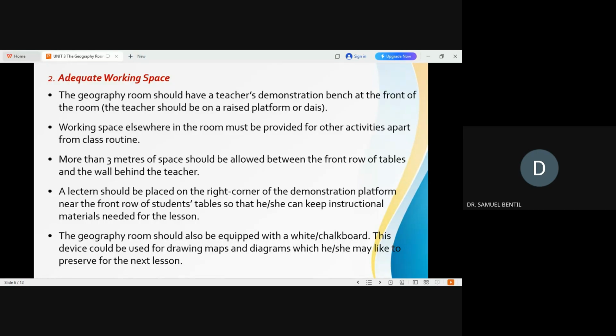Pulpit is stationary. You cannot move it. It's immovable. But lectern is movable. You can move it elsewhere. So when you go to some of the churches, you could see that some of them, their pulpit is at the center front of the church, especially when you go to the Orthodox, the Protestants.